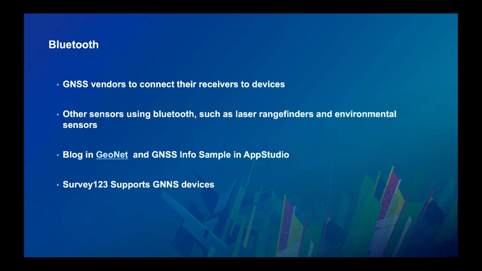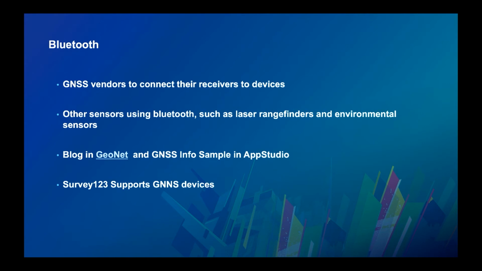Talking a little bit about Bluetooth, it is the way to connect to external GPS devices, the GNSS, so that you can connect to devices such as Bad Elf, Garmin, so that you can connect to your phone and get fully accurate readings of your location.